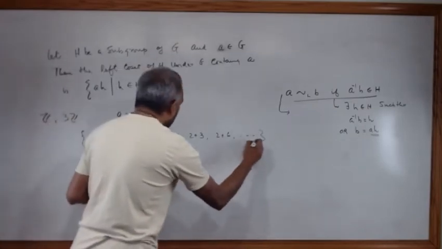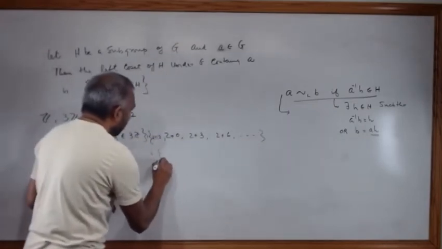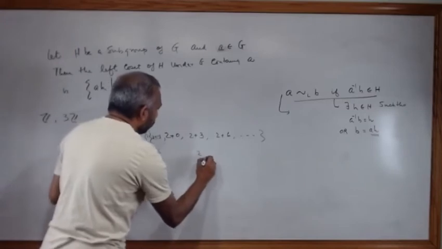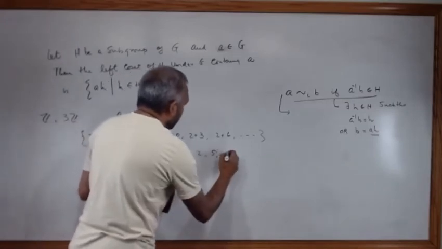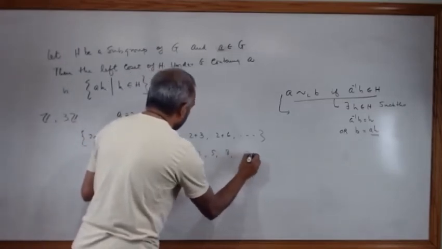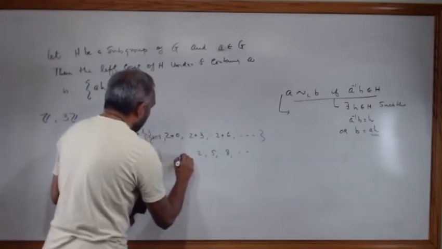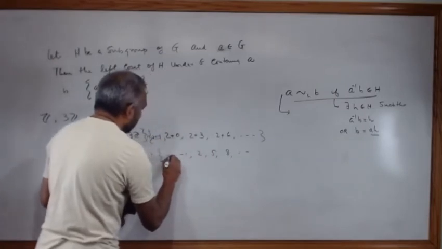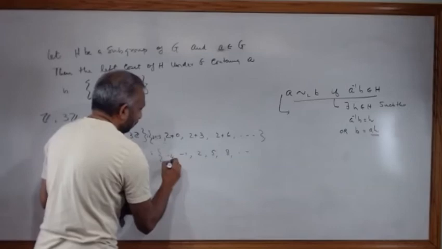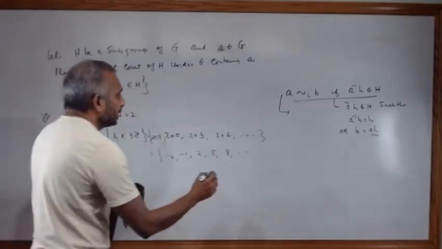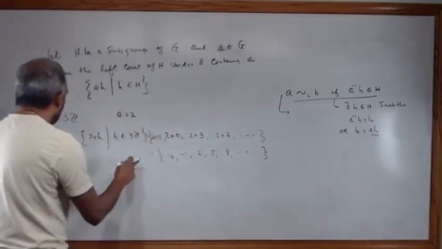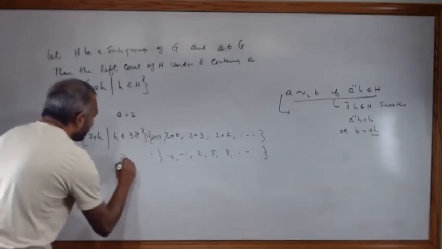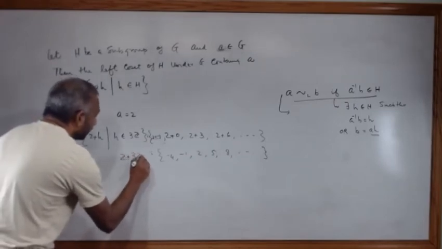So this is going to be 2, 5, 8, etc. Here it will be minus 1, minus 4. So this is our coset, 2 plus 3Z.